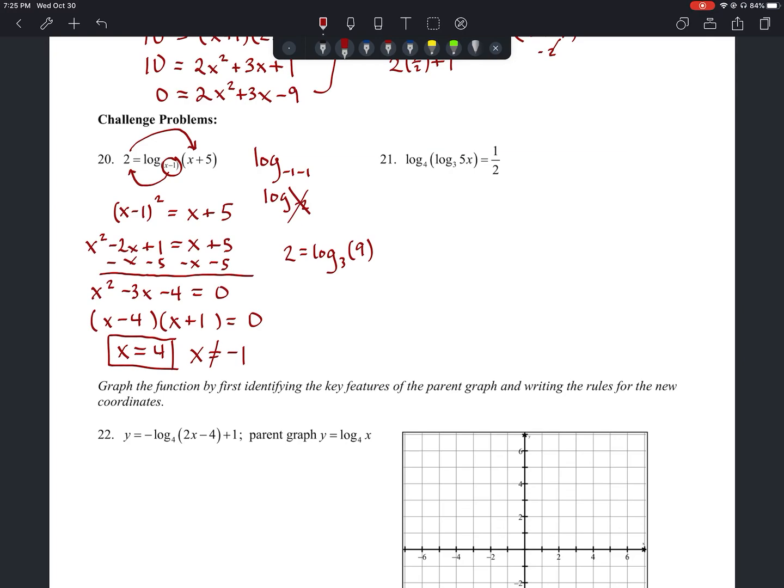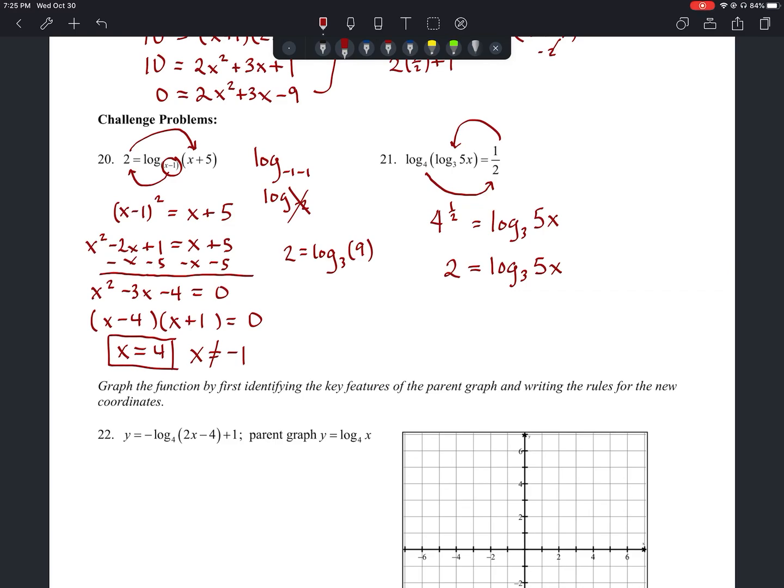And then when we look at number 21 here, we have log base 4 of log base 3 of 5x equals 1/2. So I'm going to go ahead here and just rewrite this one in its exponential form. So we've got 4 to the 1/2 power is equal to log base 3 of 5x. 4 to the 1/2 power is just the square root of 4, so we're going to say 2 equals log base 3 of 5x.